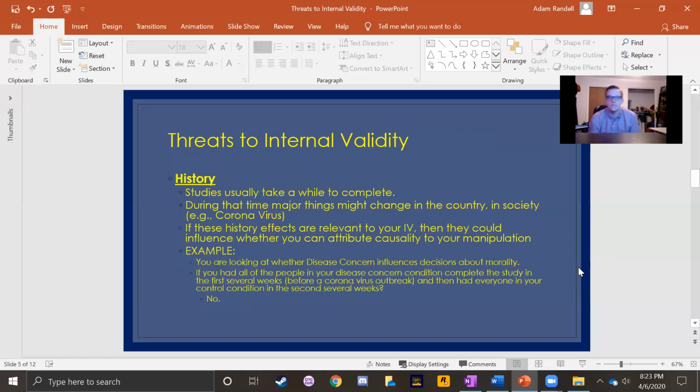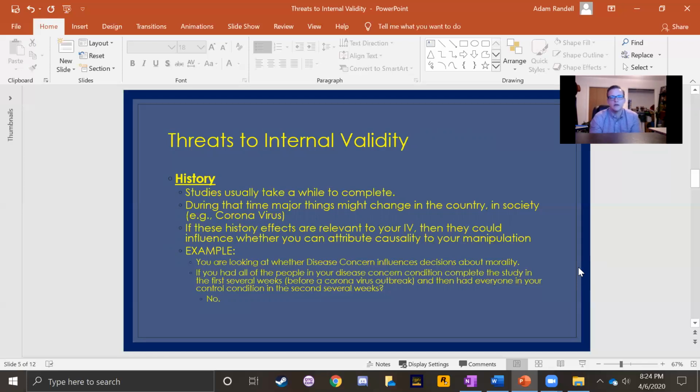History. All right. Very frequently studies take time. Most studies take time, sometimes months, depending on how quickly data collection is going. Sometimes it can take a year or more to collect data. Well, during that time, things happen. When things happen during a study, those changes can have an effect on your research, especially if they're relevant to your IV.